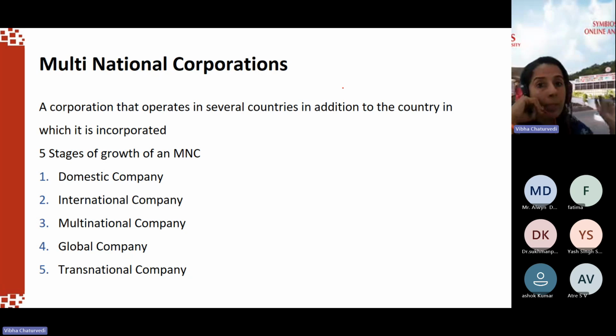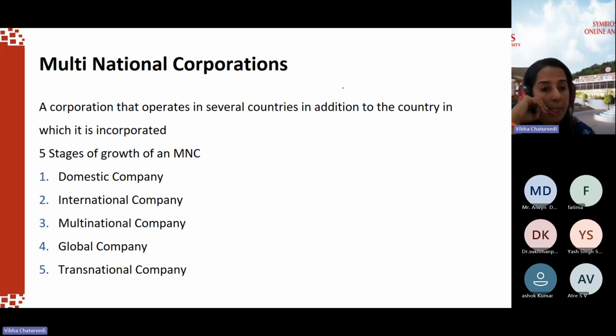And the example that I gave was Harley Davidson, which designs and manufactures those heavyweight motorcycles in the US and targets markets all over the world. So it is not adapting to different markets by trying a product mix that is more suitable to different market conditions, but it keeps the design and marketing strategies the same and just sells it to the entire world.